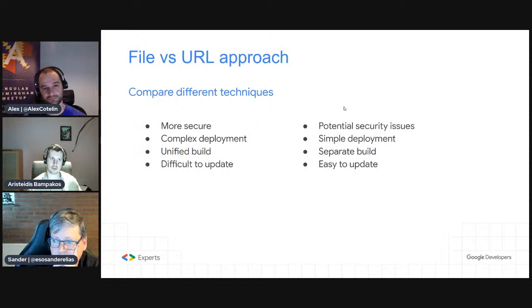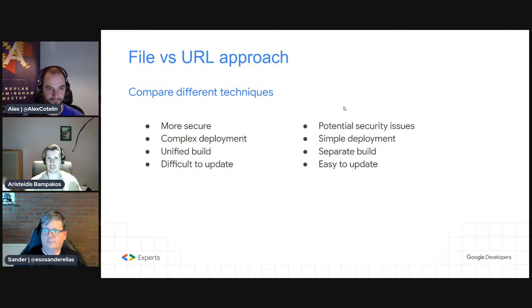Now, the URL approach is more prone to security problems because you're actually loading a URL inside your Electron window. So if your URL is on the web, outside in the internet, bad things may happen, right? Maybe someone could intervene and give you a different URL, a malicious URL.